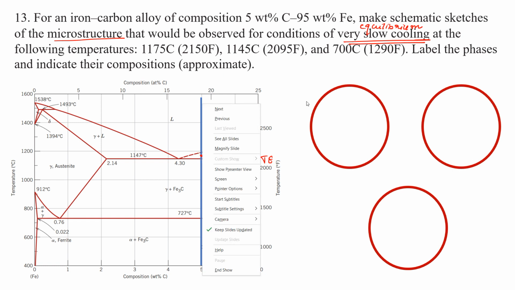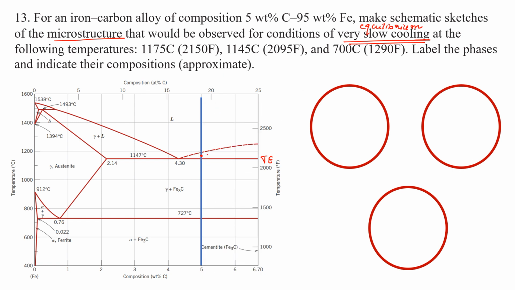Let's say this is 1. At 1175 degrees centigrade, what we have is Fe3C plus liquid, right?